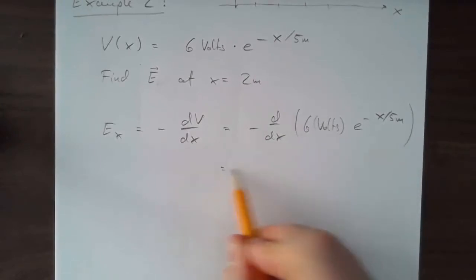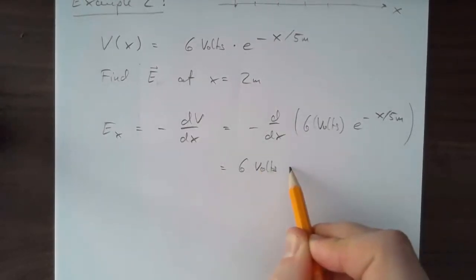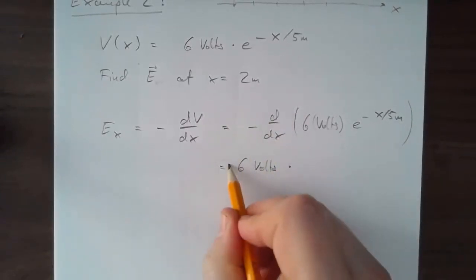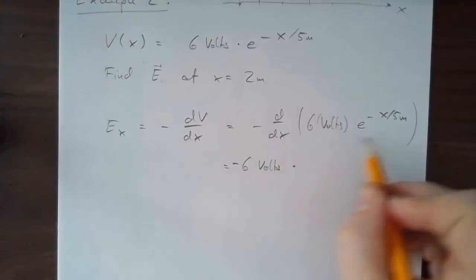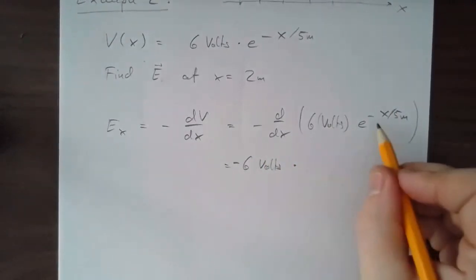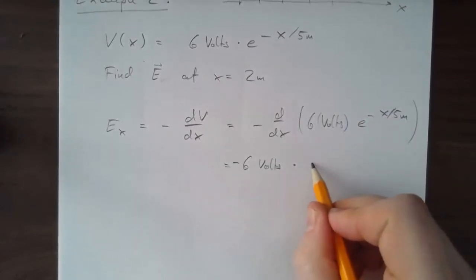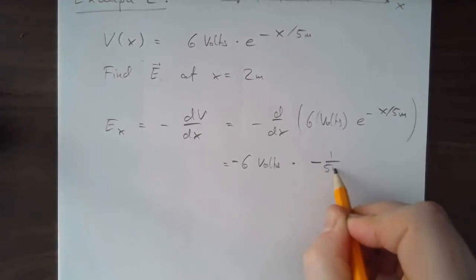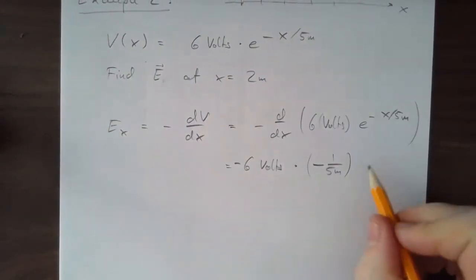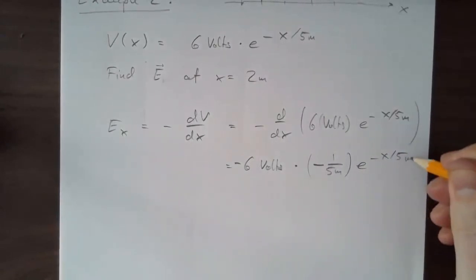Let's differentiate this. Well, this is a constant, 6 volts, times differentiating, I guess a minus sign. Differentiating this means, essentially by the chain rule, I have the thing that multiplies the x come out. I get minus 1 over 5 meters. And then the e stays the way it is because it's e to the something.